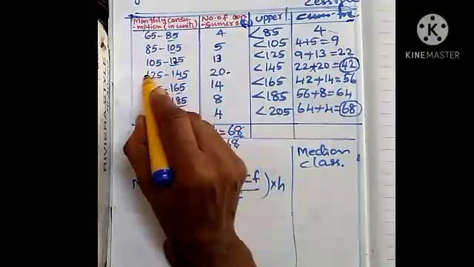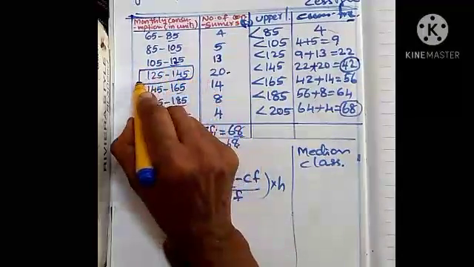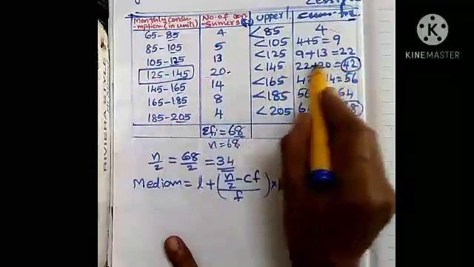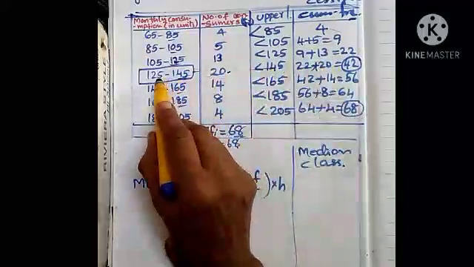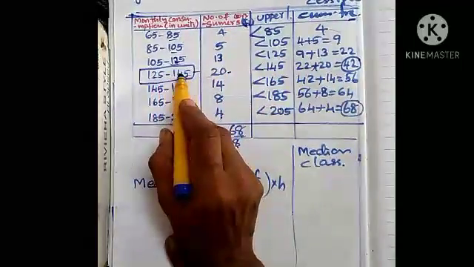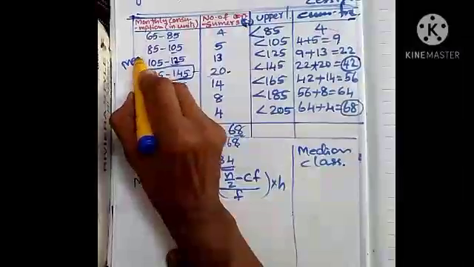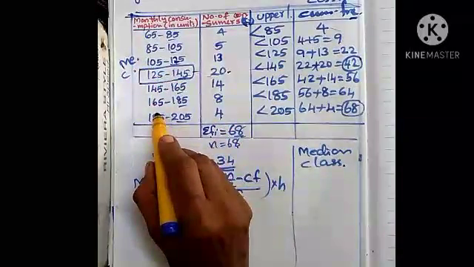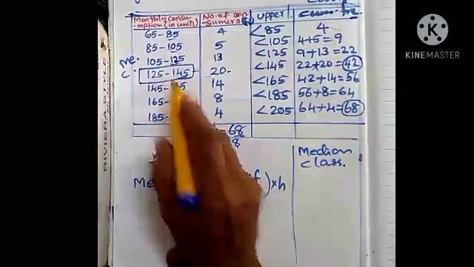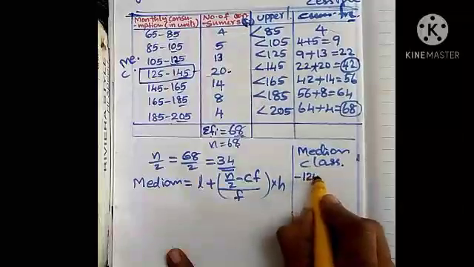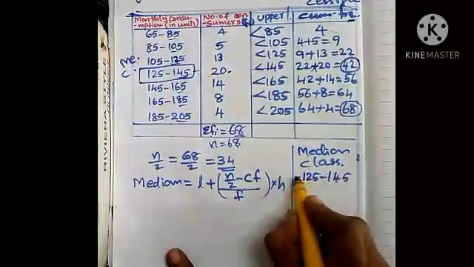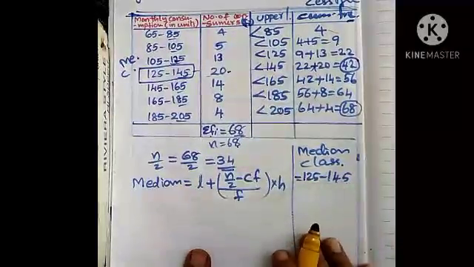Here it is 125 to 145. See, corresponding to this line it is there. So 125 to 145 is the median class. This we are selecting: median class equals 125 to 145.